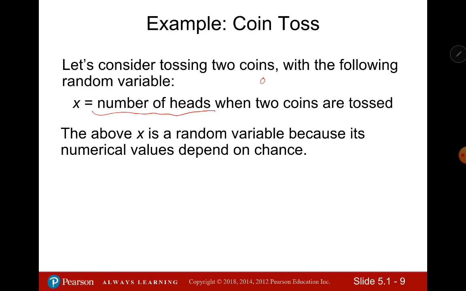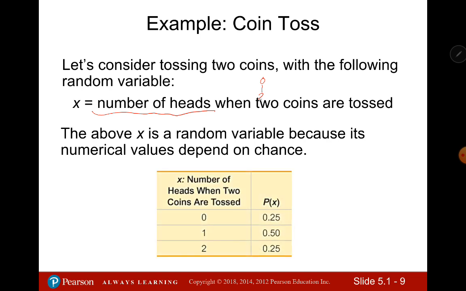We got this value depending on chance, right? And if we had one head, one tail, it still depends on chance. Of course, we have another possible value, 2. We got 2 heads. We get this value depending on chance. So it's a random variable.